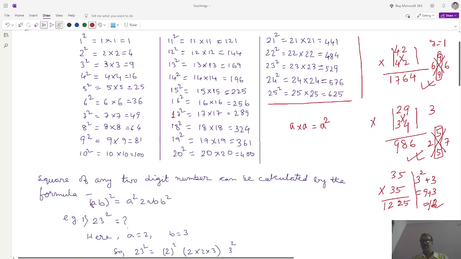If we check this multiplication result by this method, what do we get? 3 plus 5, 8, and 3 plus 5, 8. 8 into 8, 64, 6 plus 4, 10, 1 plus 0, 1. Here 1 plus 2, 3, 3 plus 2, 5, 5 plus 5, 10, 1 plus 0, 1. So 1 equals 1, therefore the multiplication is okay.